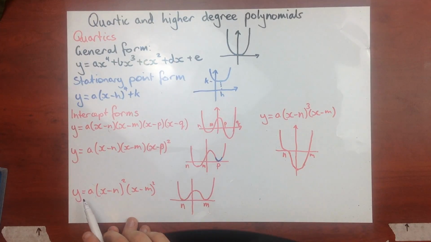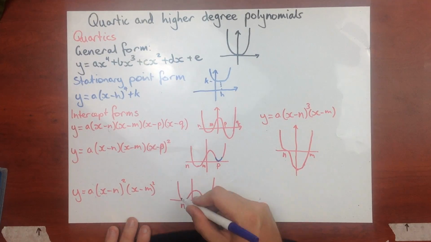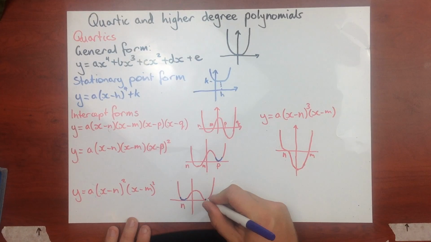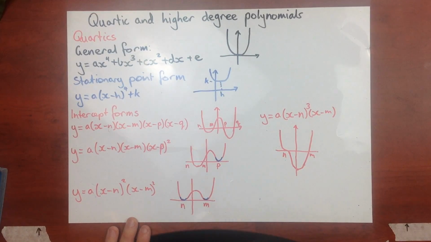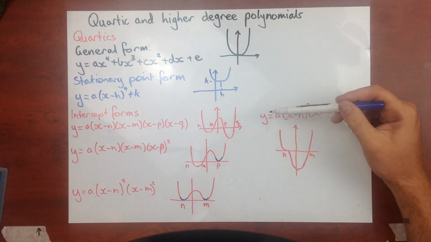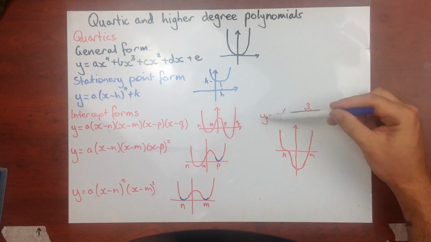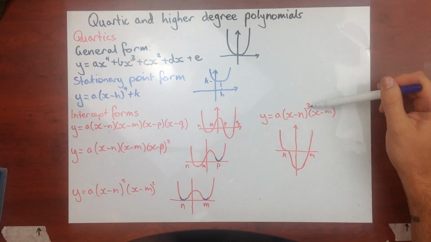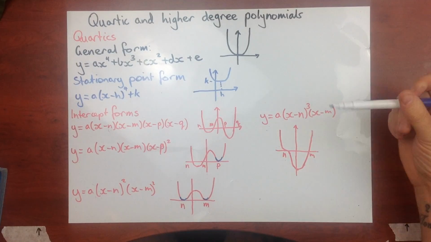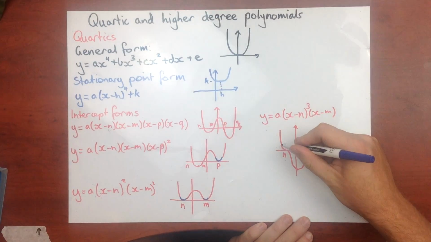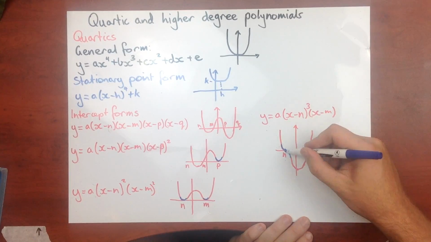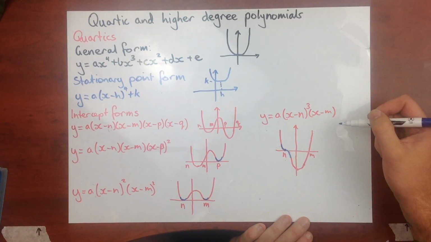When we have y equals a outside of x take n squared times x take m squared, we've got 2 of those, so it just comes down and touches at n and m. And when we have our last form, which is y equals a outside of x take n cubed times x take m, well at n, we're going to have this cubic type shape happening, because it's cubed. That's the type of shape that we're going to have for that intercept.